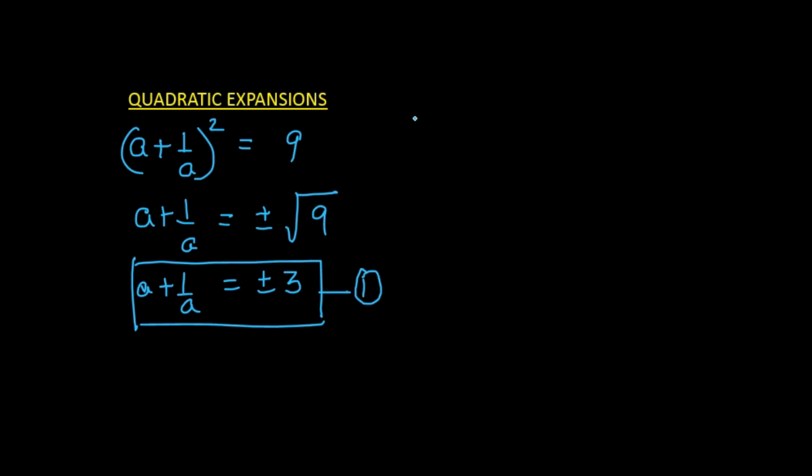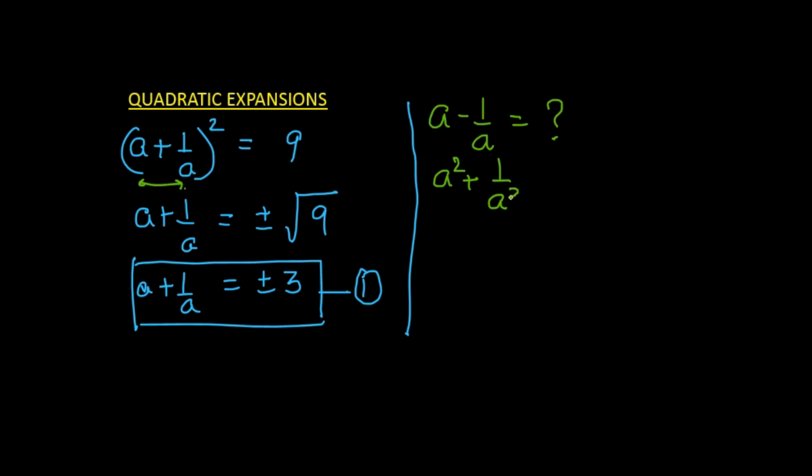What is the second thing which we need to find? The second thing is to find the value of a minus 1 by a. Okay. Earlier we had to find the value of a plus 1 by a, so we tried to bring a square plus 1 by a square in the form of a plus 1 by a whole square.